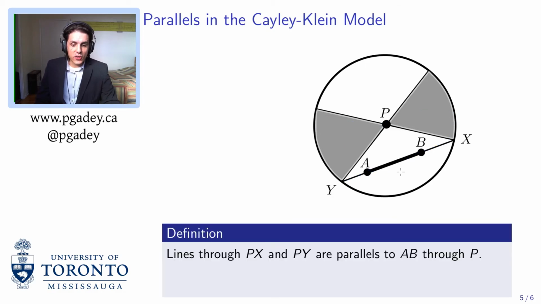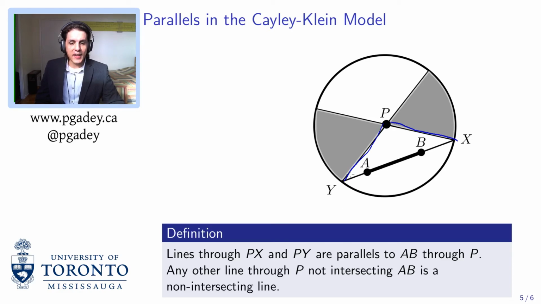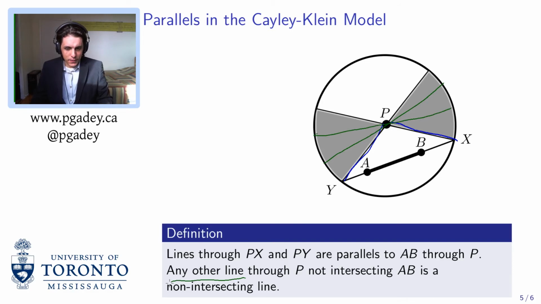So lines through PX and PY are parallels to AB through P. So we call this line and this line parallels to AB. And any other line through this we call a non-intersecting line.